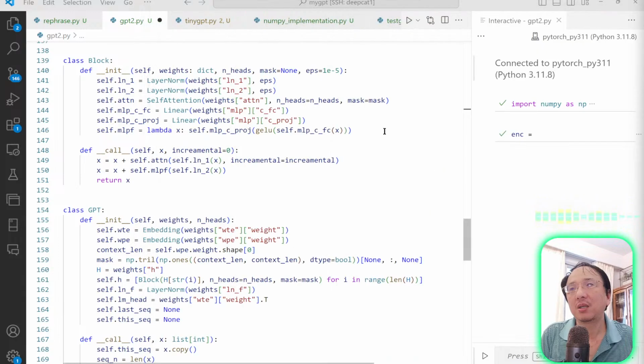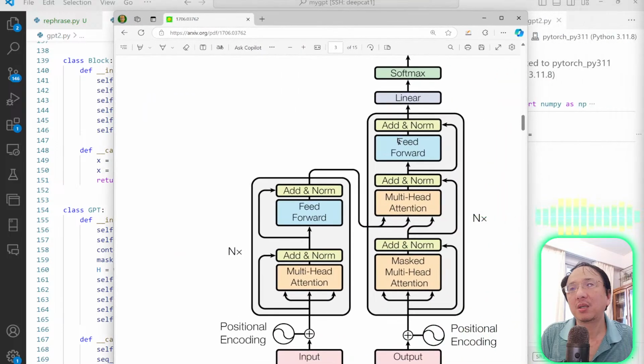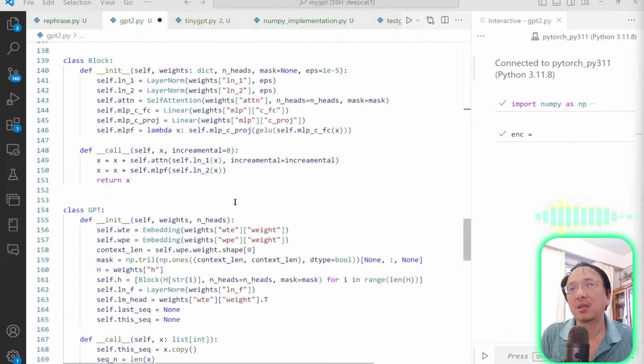So I have X added to this. And then we do the last block, which is the MLP and the linear here. This is the feed forward network. Sorry, the LN is not linear, it's layer norm. We do a layer norm on X and put it into attention. You can see it right here.